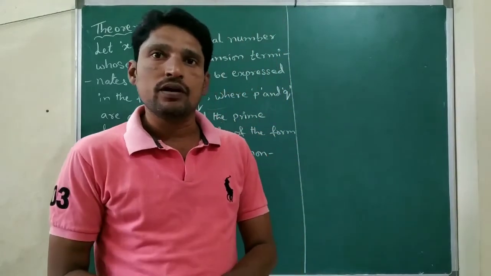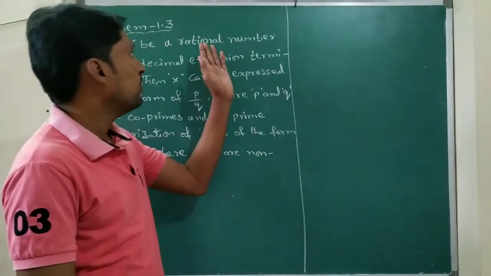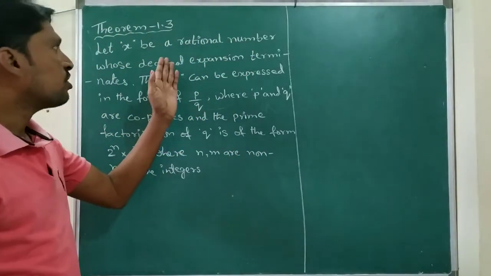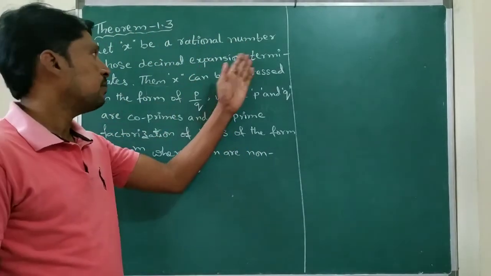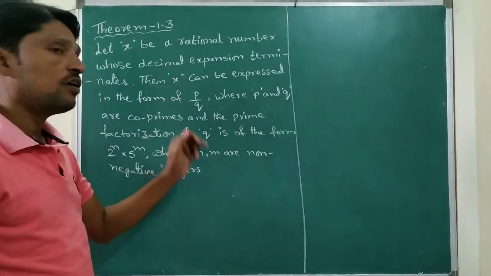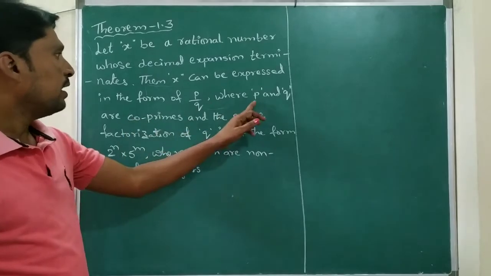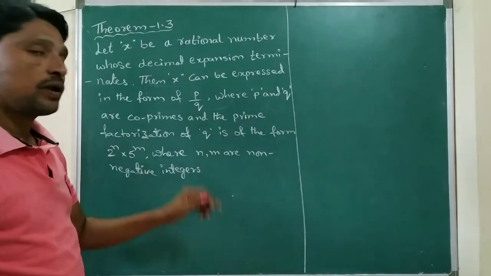x is a rational number. Rational number means in the form of p by q. x is a rational number whose decimal expansion terminates. Then x can be expressed in the form of p by q. So here, p and q, how are they taken? Co-primes.